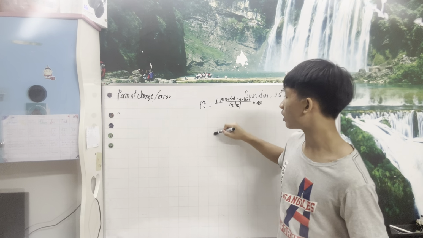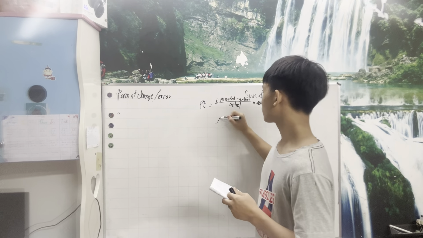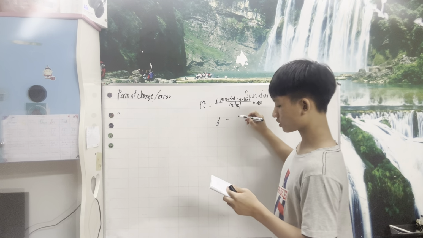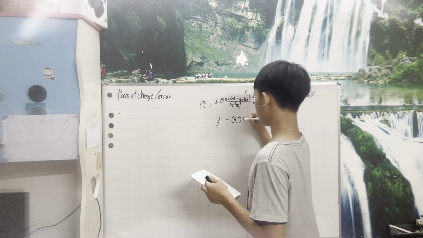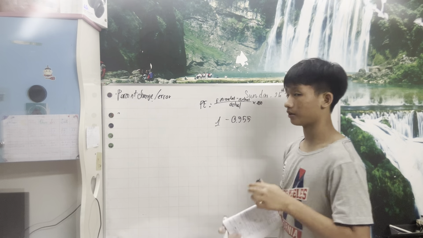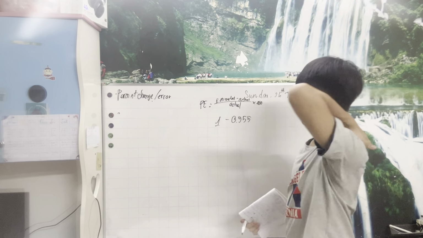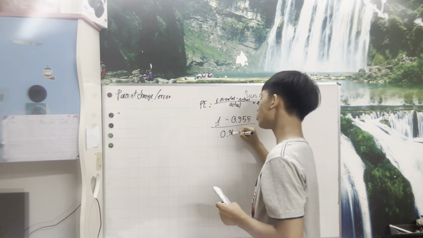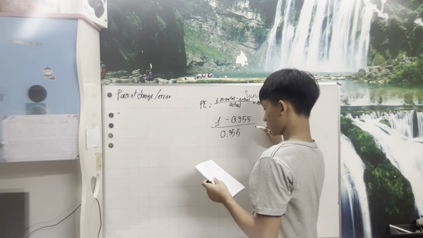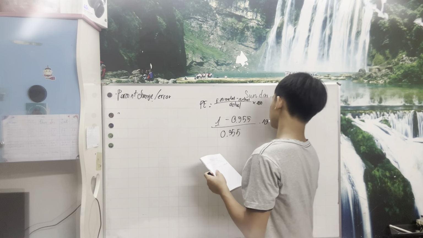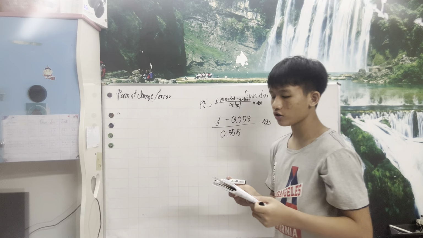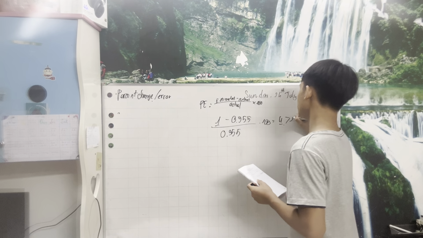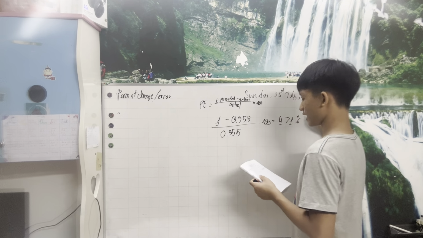First, I'm going to put 1 in because I estimated, and then minus the actual, which means 1 minus 0.955, divided by 0.955, times 100. If I use my calculator, I get about 4.71% error. This is when I estimate.